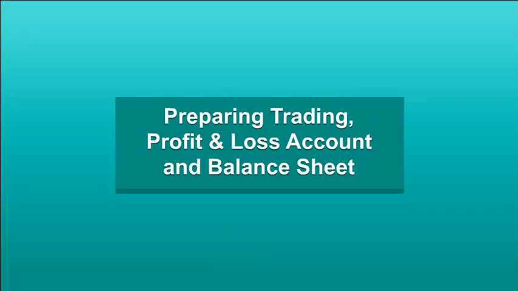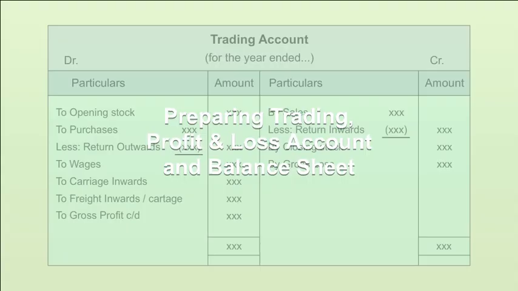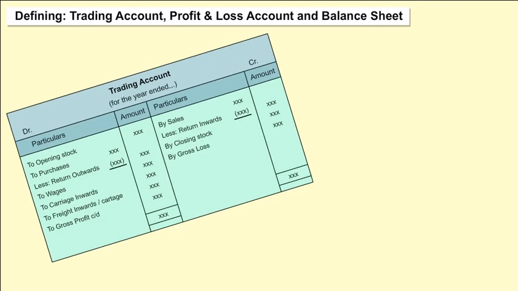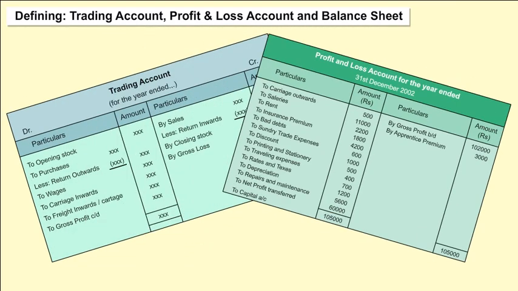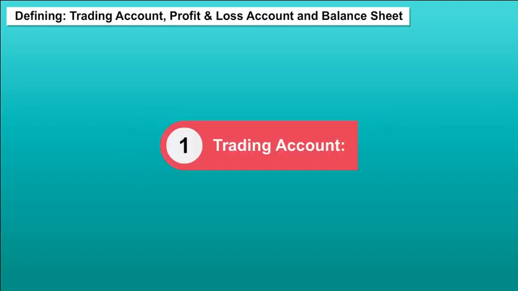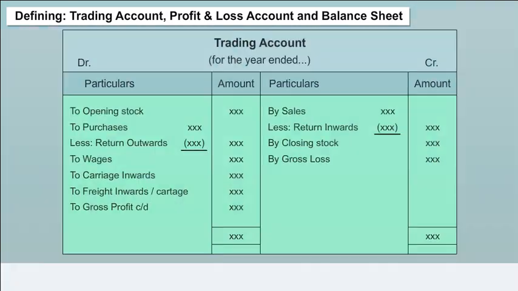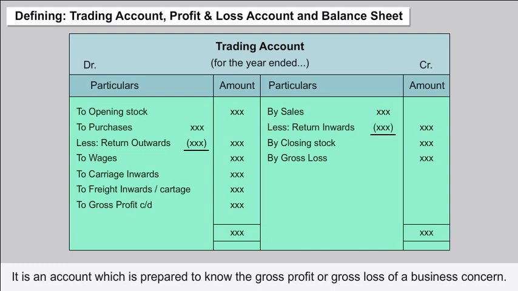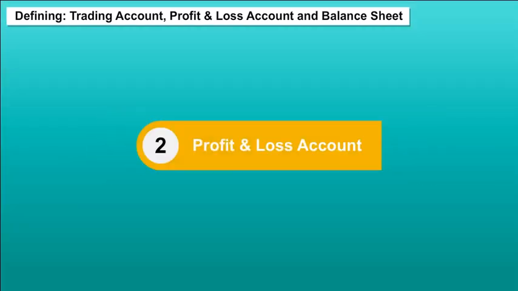Preparing trading, profit and loss account and balance sheet. Defining trade account, profit and loss account and balance sheet. 1. Trading account. It is an account which is prepared to know the gross profit or gross loss of a business concern. 2. Profit and loss account.